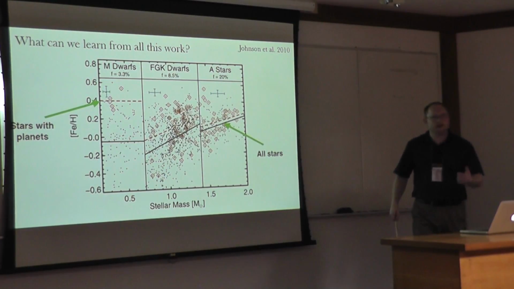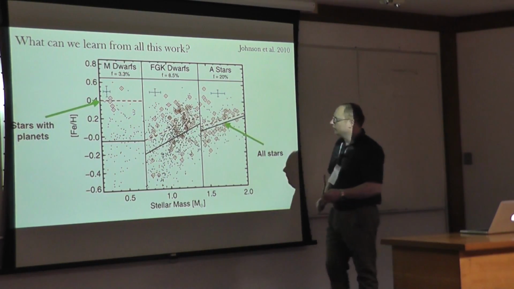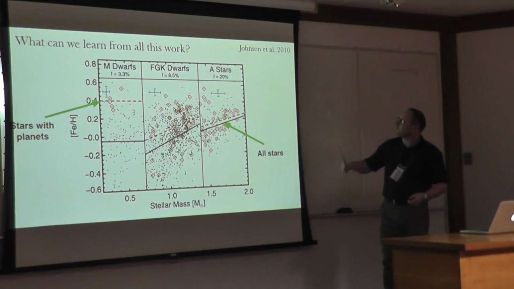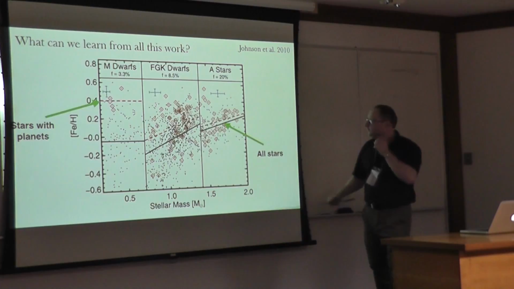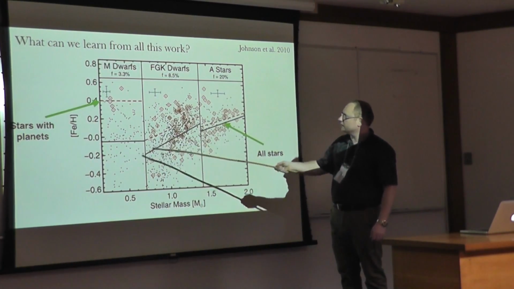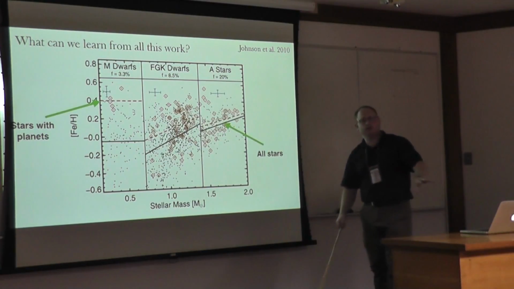So what we can do then is look at a sample of what we'll call retired, or they were called retired A stars in Johnson et al. 2010. We look at the FGK dwarfs, and now we're also starting to pull in the M dwarfs.